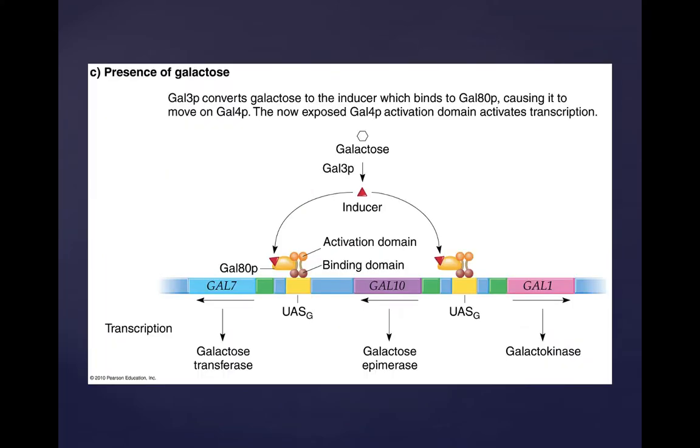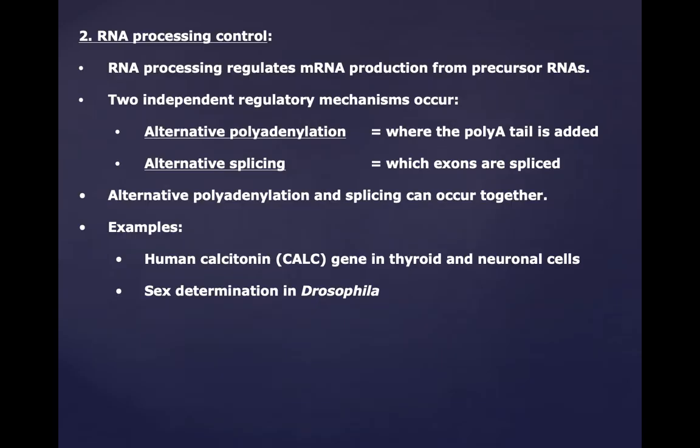Okay, I think we can already start with our second level, which is on RNA processing. So there is control of gene expression at the RNA processing level. We can remember from our previous discussion, especially when we talked about the central dogma, how RNA is produced.